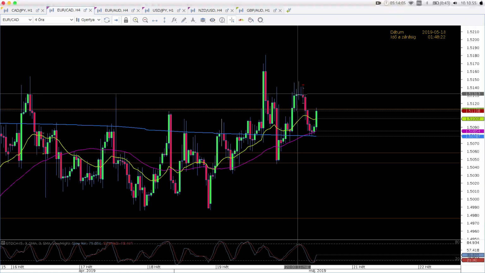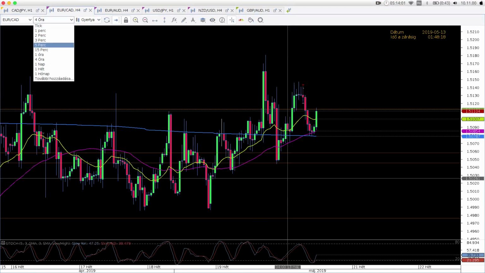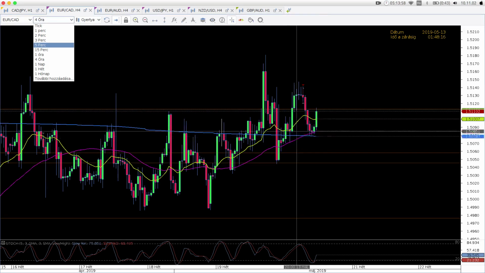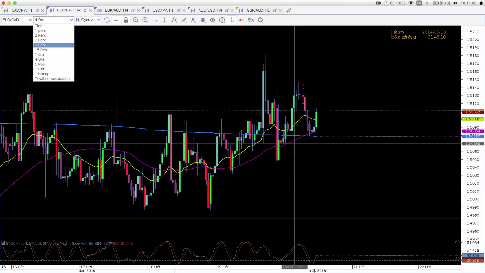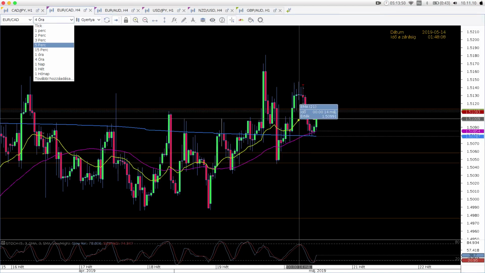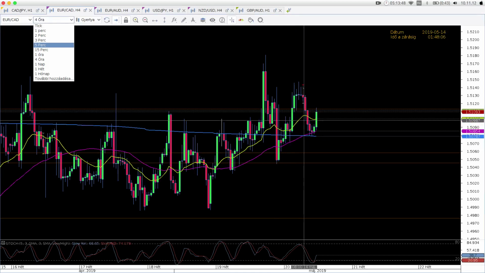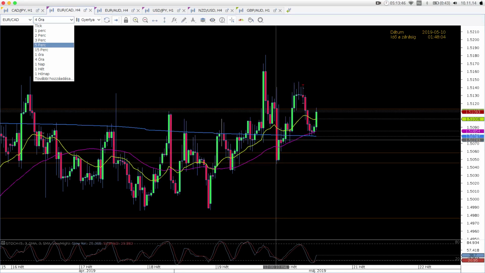They started to struggle on the 4-hour time frame. The 20 EMA and the 21 and 50 EMA, the 21 SMA, are above the price, so it is a trend on the 4-hour time frame.